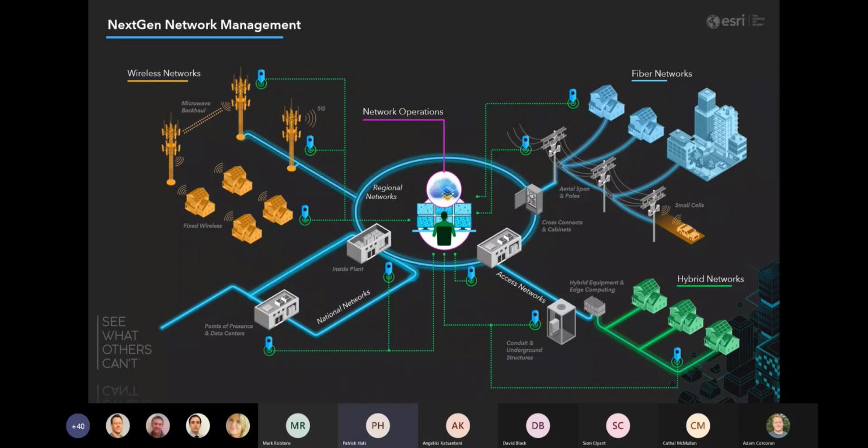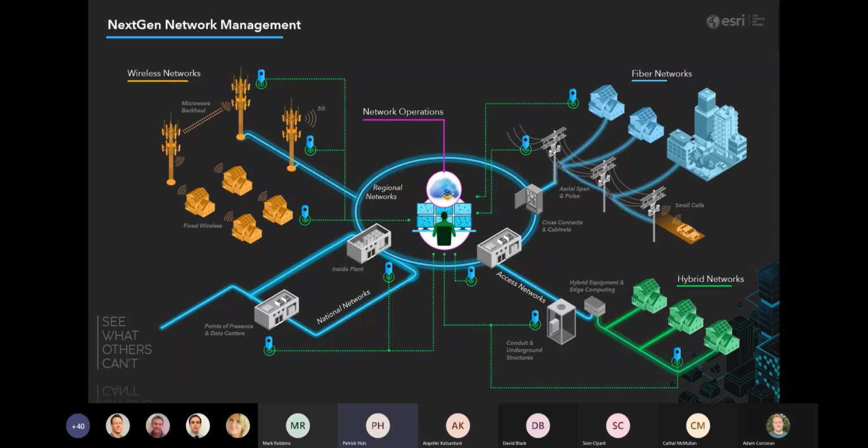Because of all of this broadband expansion and the need to move so quickly, as well as work with all of these contractors, design firms, and construction firms to make sure that we're building out this broadband as quickly as possible, the legacy ways of having these siloed systems, specialized apps to do designs, maybe not as easy to get that information into the field, requiring a lot of exporting and transitioning of data from the system into a PDF or a KML, KMZ for Google Earth, is just not a very efficient way.